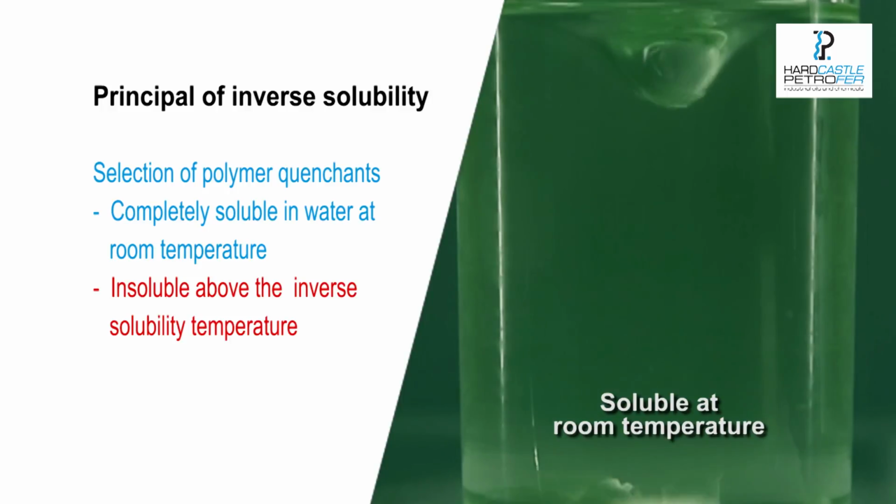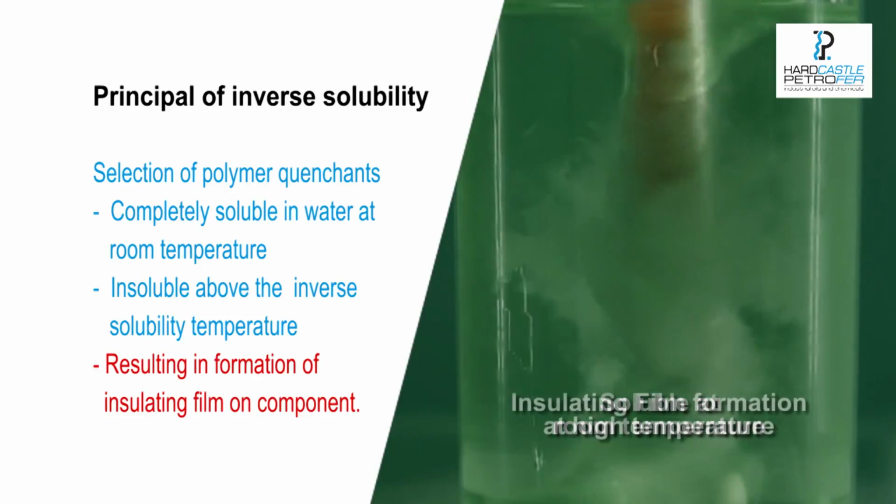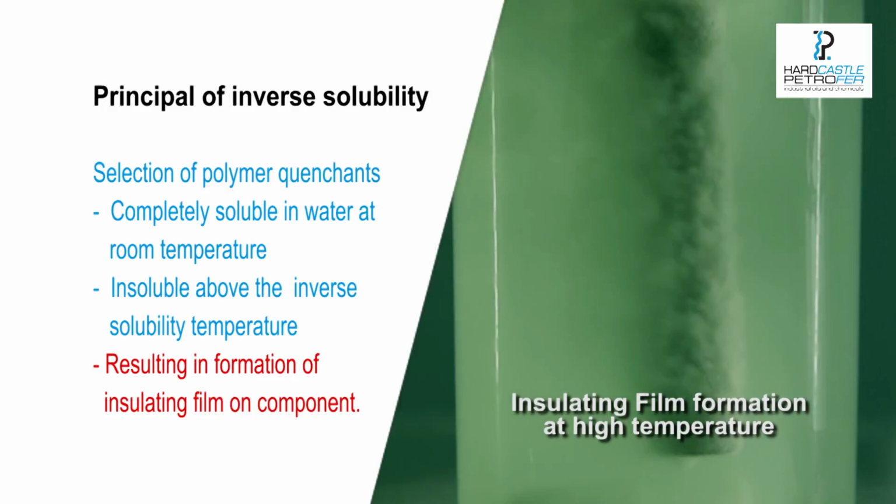These polymer solutions reduce the quenching effect of water by virtue of the polymer in solution becoming insoluble at the inverse solubility temperature during the quenching process and plating out onto the hot surface of the component. The thickness of the insulating film formed varies with the concentration of the polymer in the original solution.